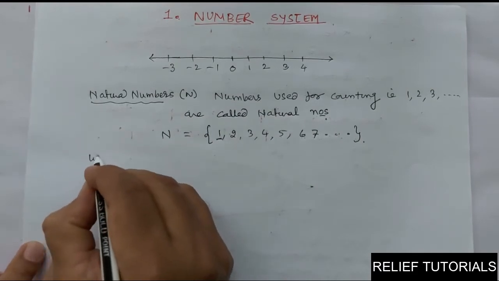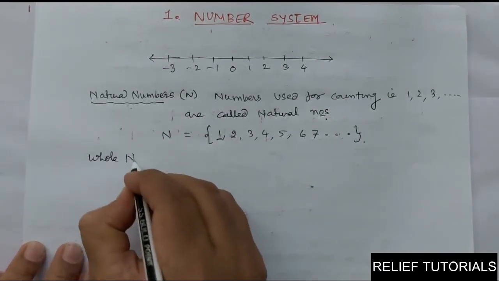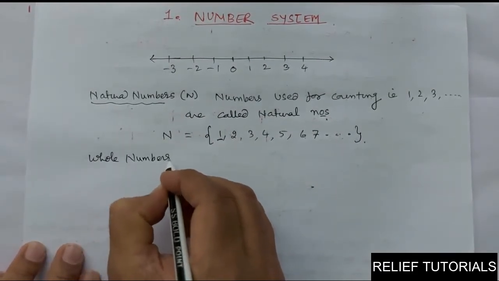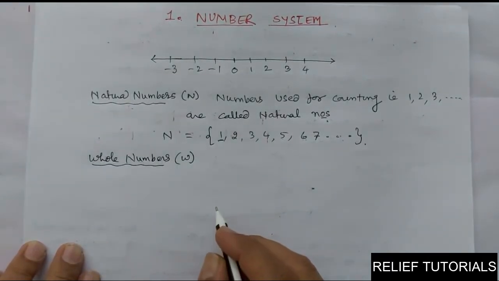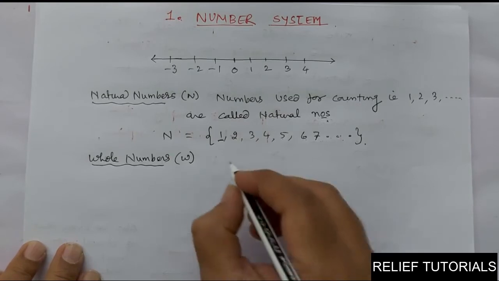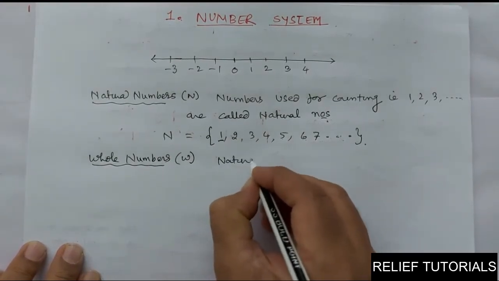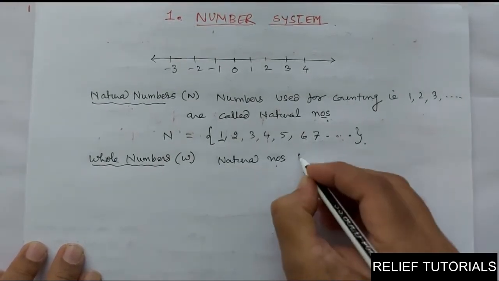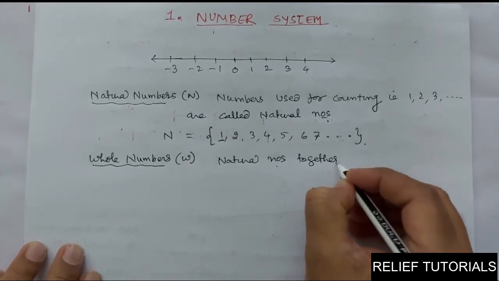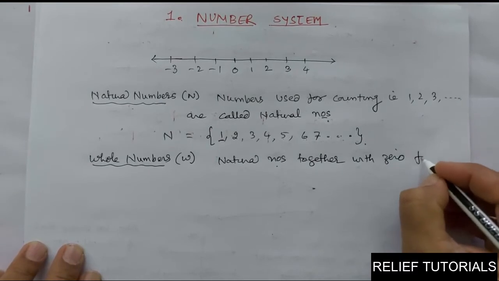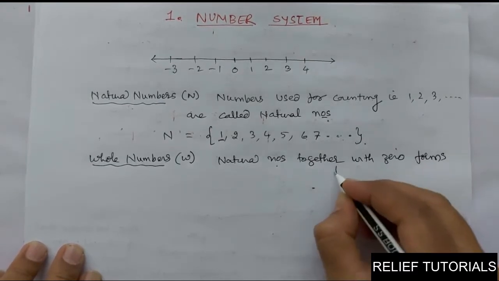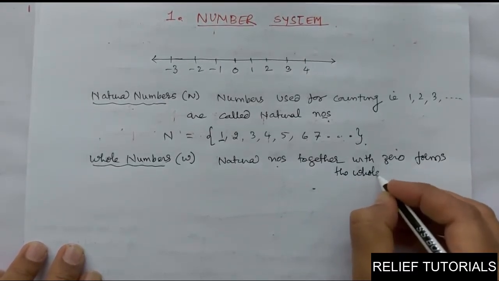Then comes whole numbers. Whole numbers are denoted by W. So natural numbers together with 0 form the whole numbers.